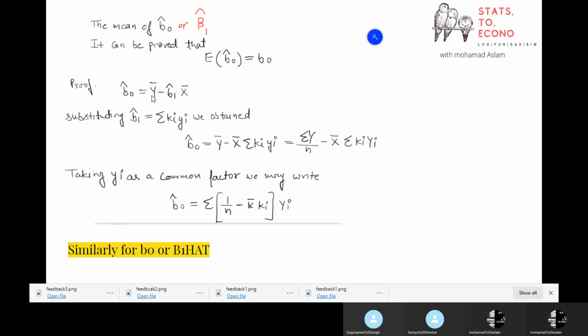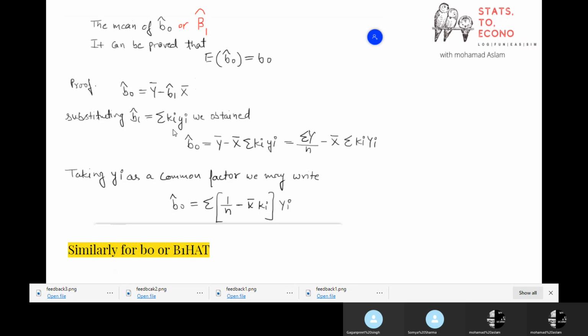Now, in the derivation of variance, or in the unbiasedness property, we use this notation, right? Beta 1 hat is equal to summation ki Yi. Actually, this Yi is capital, it's not small y.